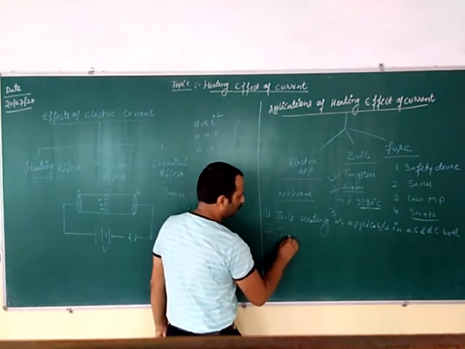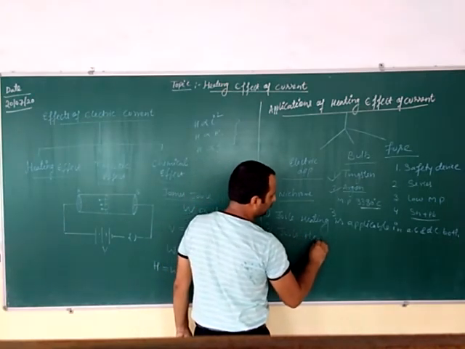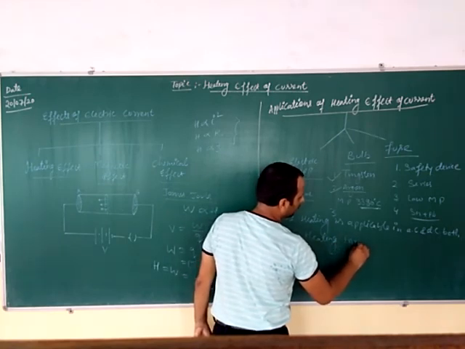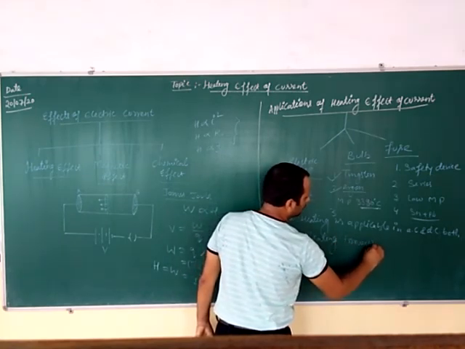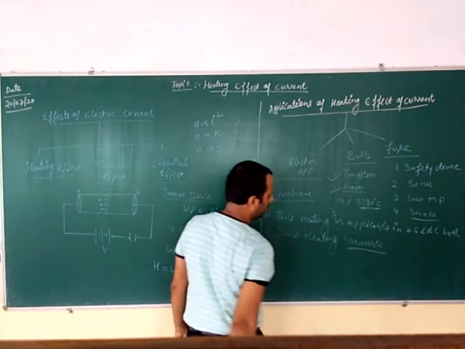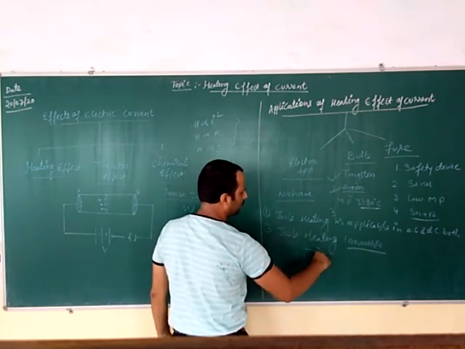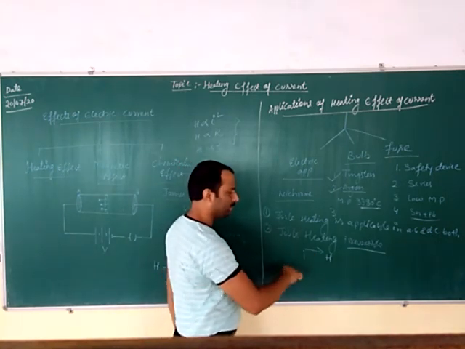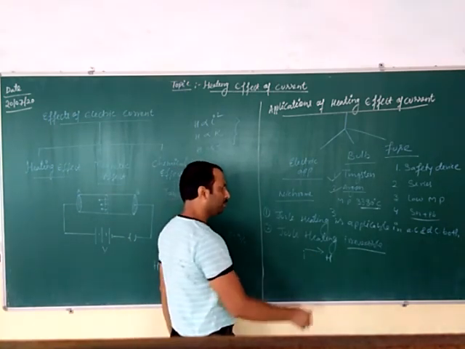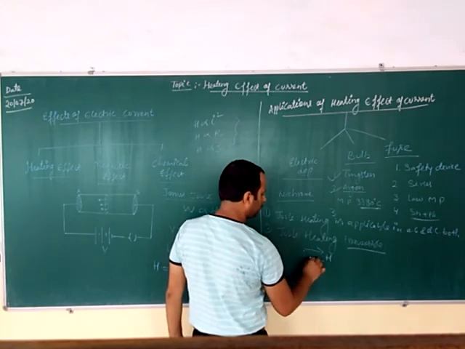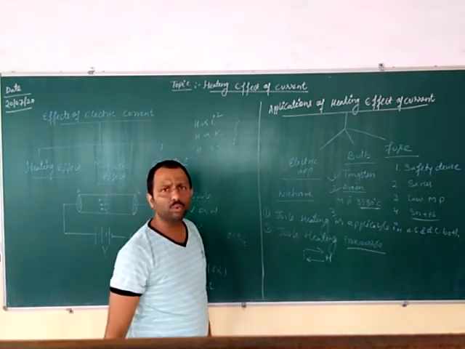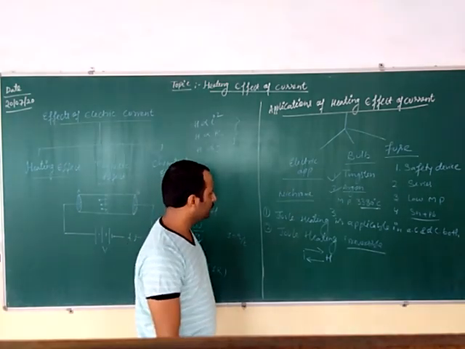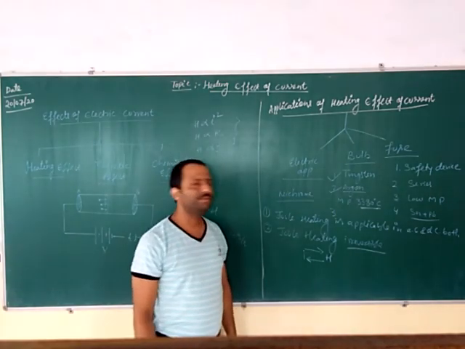Now, Joule heating is irreversible. Irreversible means that when the current is flowing in the circuit, heating effect is produced. When we reverse the direction of the current, will cooling be produced? No. So Joule's heating is irreversible.